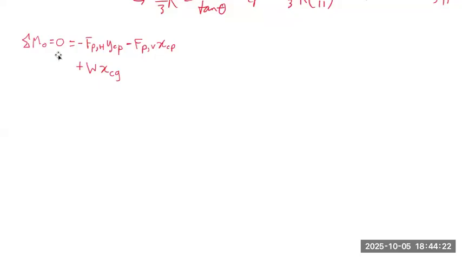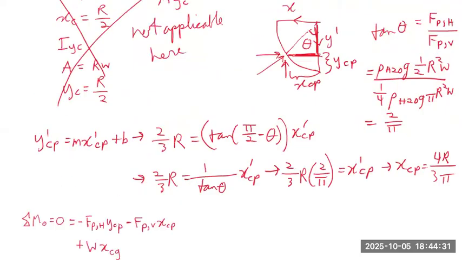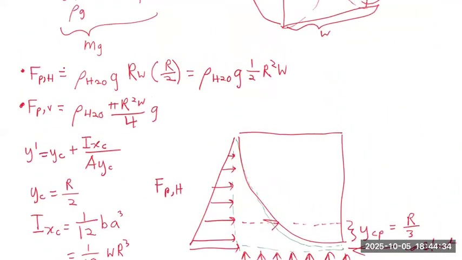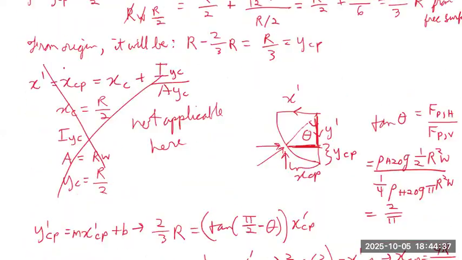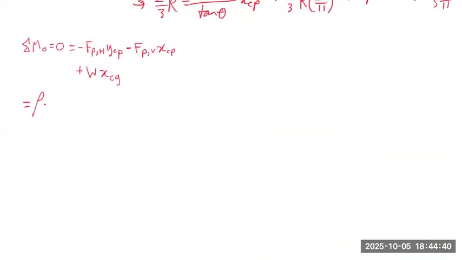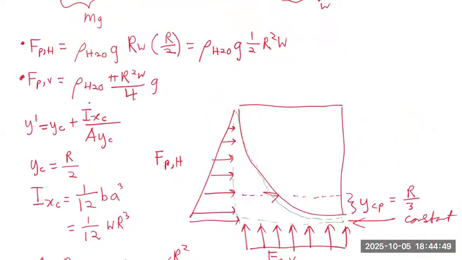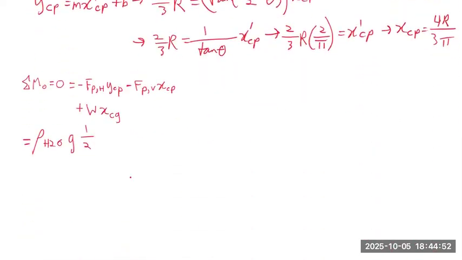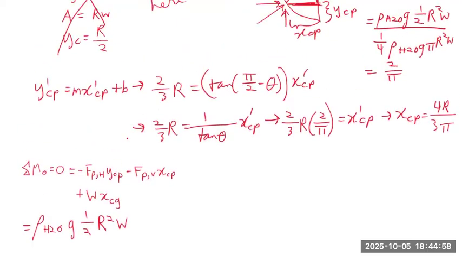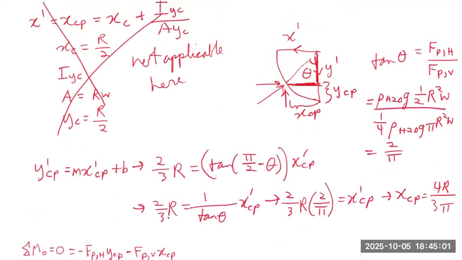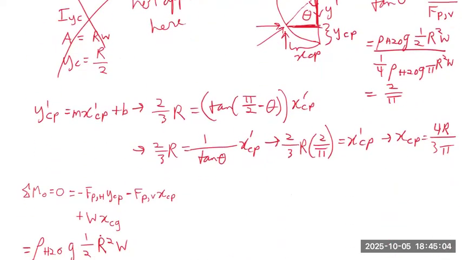So it is now finally time to plug in known values. This is equal to FPH, which is rho H2O times G times 1/2 R squared times W. And then YCP we found to be R over 3.